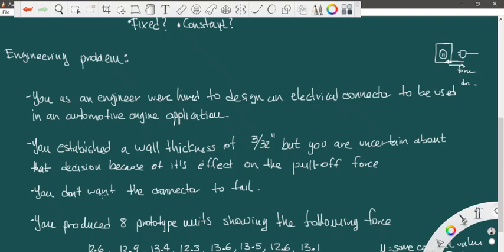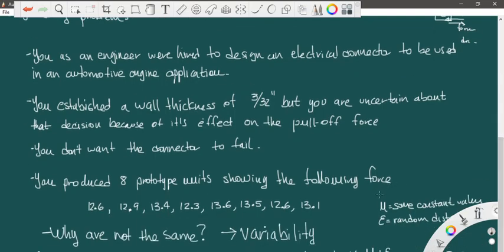And you don't want this connector to fail. So let's imagine that you tell your assistant, hey, please produce eight prototype parts, take measurements of that pull-off force, and see how it looks. And you go there and you see that the first sample is 20.6, let's say, newtons.